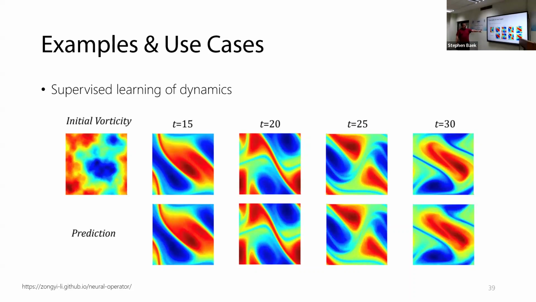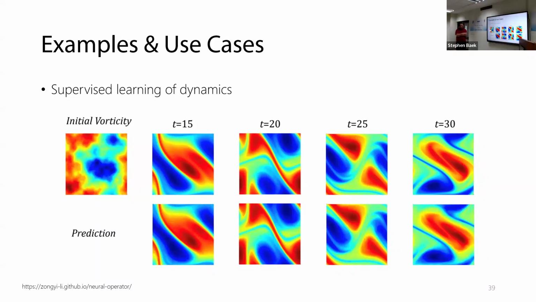All right, so finally, by implementing all this, these are some examples of what neural operators can do. Going back to the earlier question, from an initial vorticity, now we have a fluid dynamics problem. This is basically the solution of Navier-Stokes.